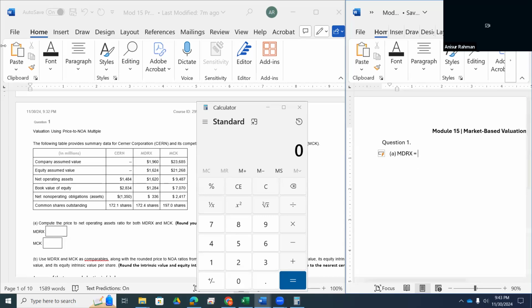So our price to net operating assets. So price is company assumed value.